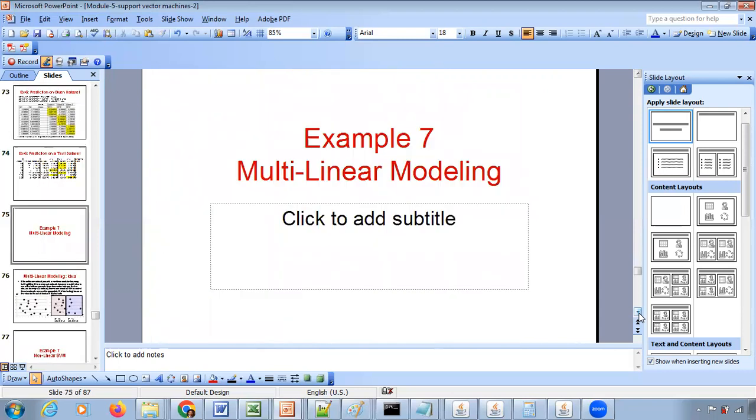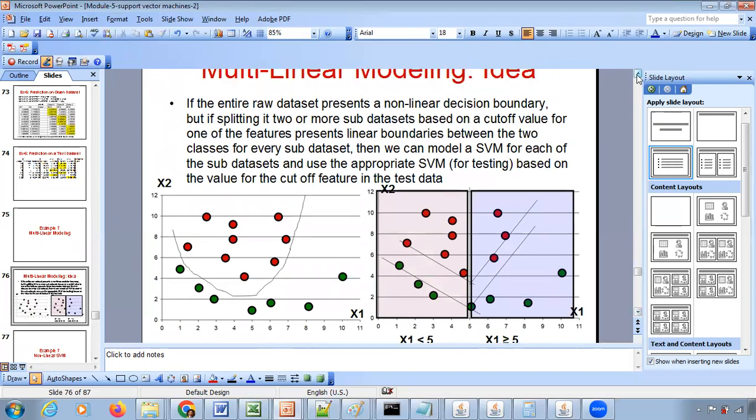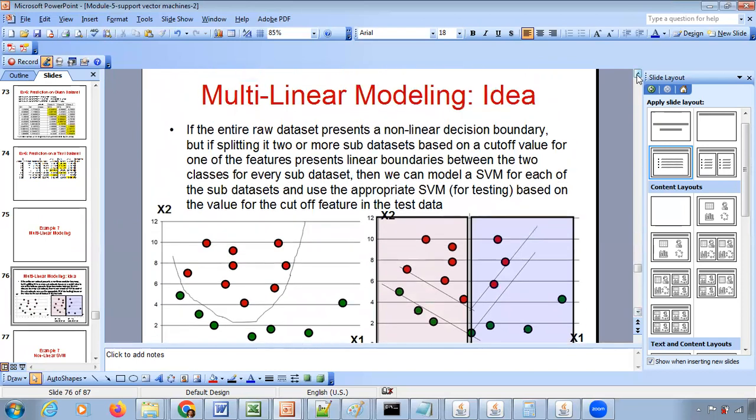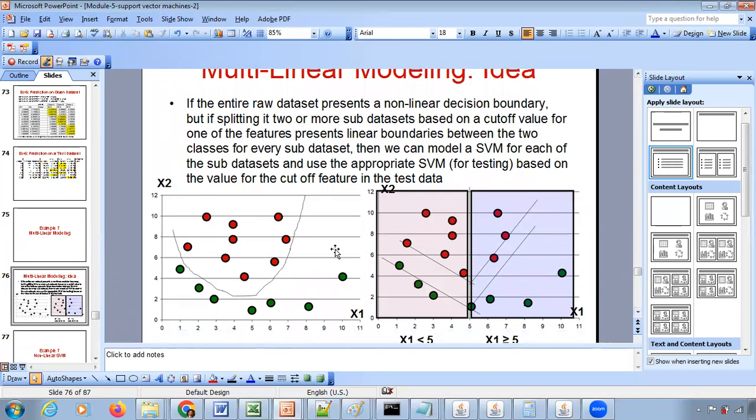There's one more example I just want to show. This is multilinear modeling, and this can actually be applied to any linear classifier like logistic regression or support vector machine. The idea is, if you're given a raw data set like the one shown on the left, and you try to visualize a decision boundary, it's definitely non-linear between the red class and the green class.